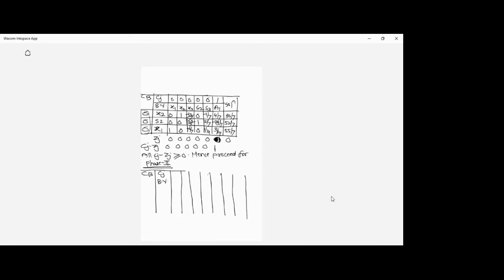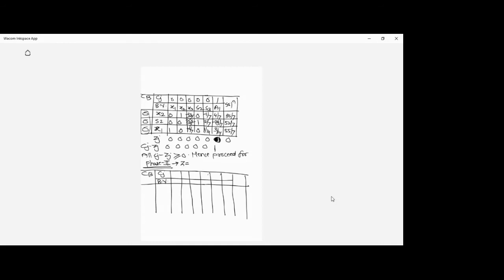Now we are going to consider the original objective function. And the objective function was what? Z is equal to, considering all the variables, slack variables and artificial variables, the new objective function for phase 2, or rather the original objective function, is to be written here.